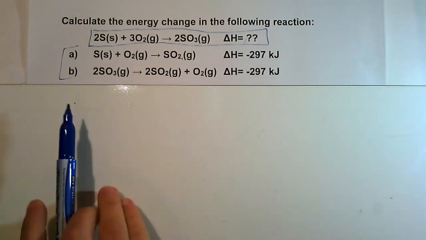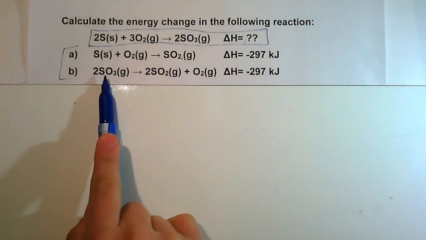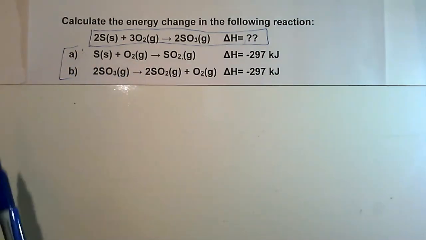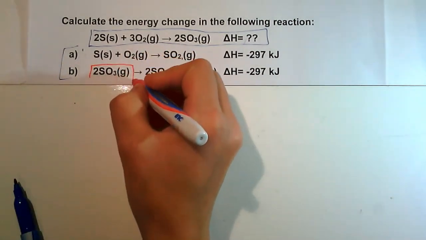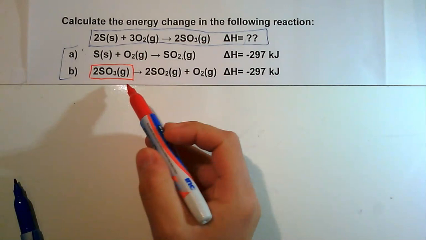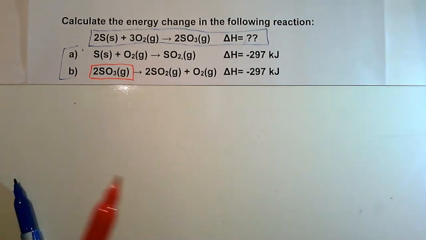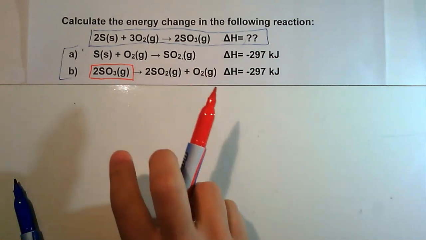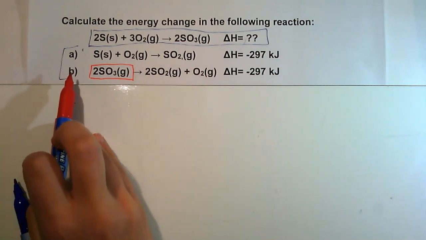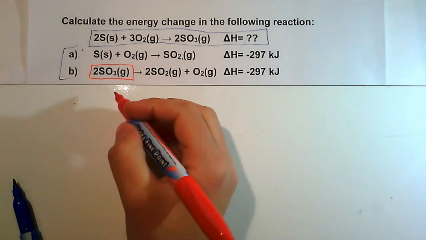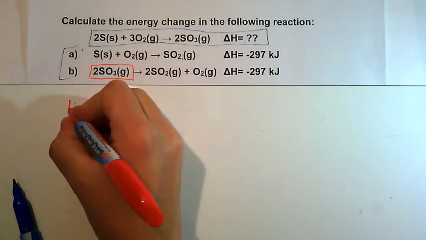The first thing I notice is that SO3 only appears once out of both reaction A and reaction B. The only place it appears is right here. So I need to make sure that my SO3 ends up with the correct number and on the correct side of the reaction just by manipulating reaction B. So I'm going to start there. We're going to manipulate reaction B first.